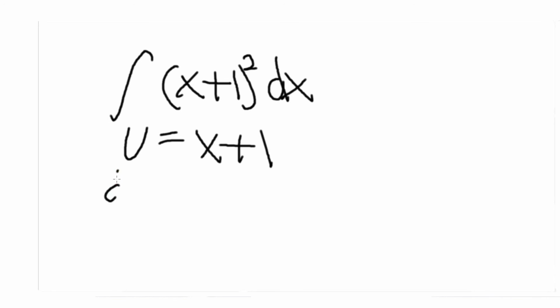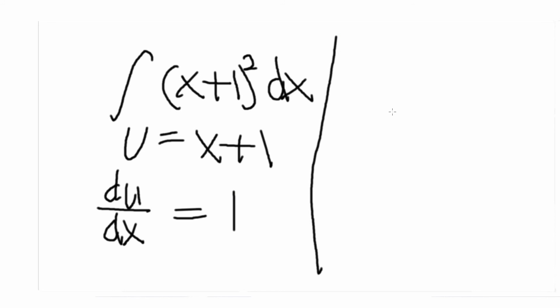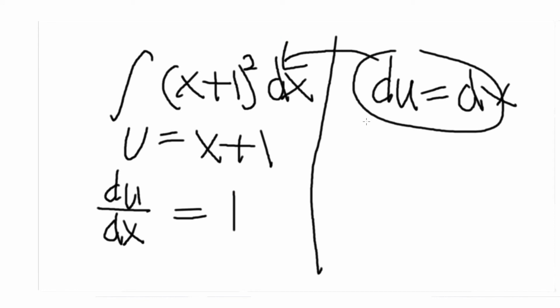So we get du over dx equals 1. Therefore, later on we can say du equals dx, since we multiply dx on both sides of the equation. Then we can substitute this back into the original. Therefore, we get u squared du.